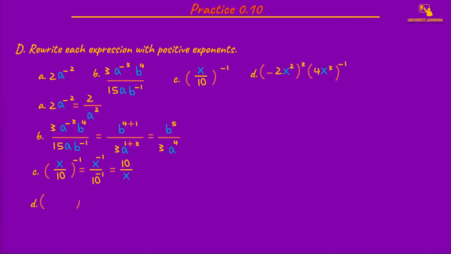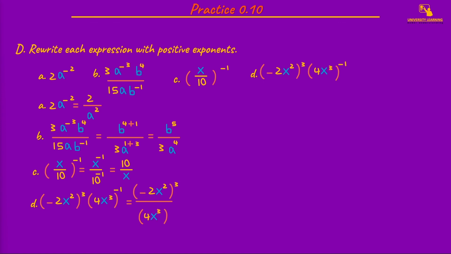We have parentheses negative 2x squared all cubed multiplied by 4x cubed all to the power of negative 1. We can see that there is a negative exponent. We are going to make it in the denominator. So we will have this form, parentheses negative 2 multiplied by x squared all cubed over 4 multiplied by x cubed.